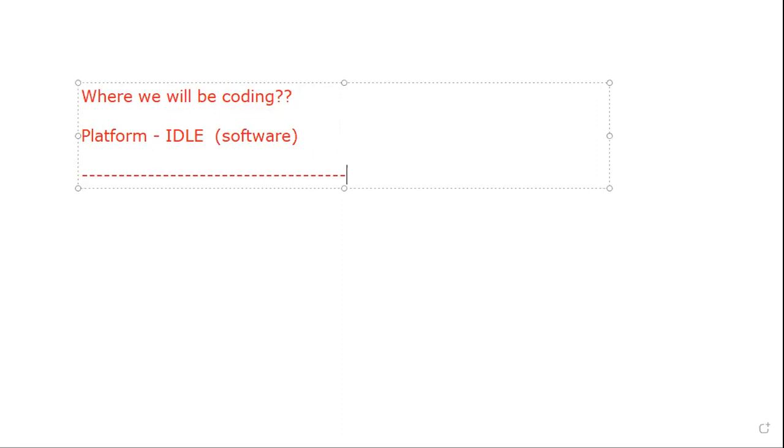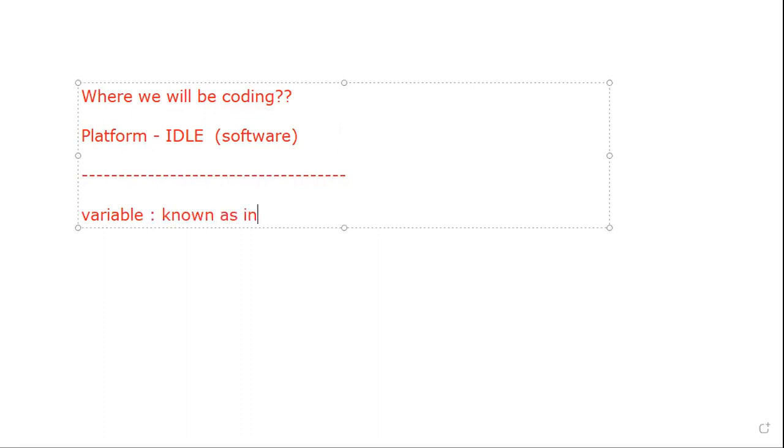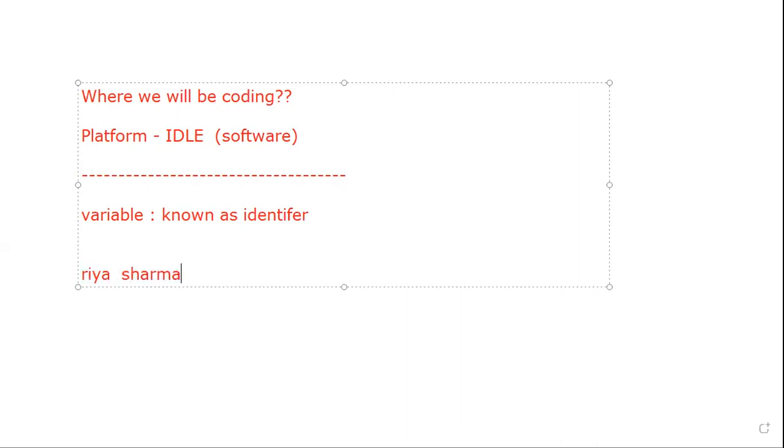The very first topic which we are going to learn is variable. Now exactly what is a variable? It is also known as an identifier. For example, let's say my name is Riya Sharma. So how am I identifying myself?